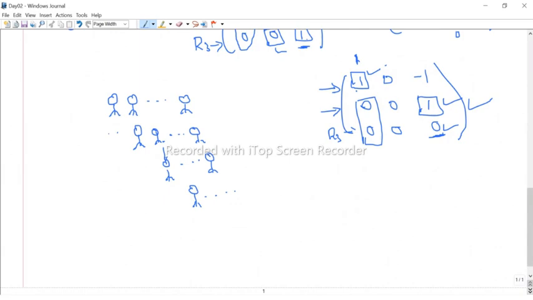Once you find the position of the first entry in the first row, the first position in the second row should be after this position. Maybe this is the first position, second position, third position, and so on, up to the nth position. In the first row, the first person appears in the first position, but in the second row, the first person appears after that, maybe in the second or third position.